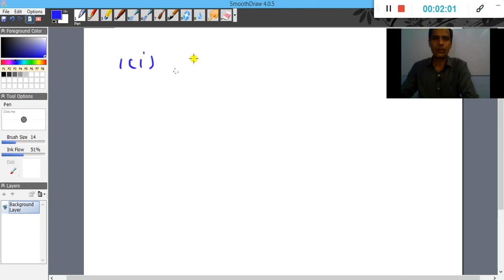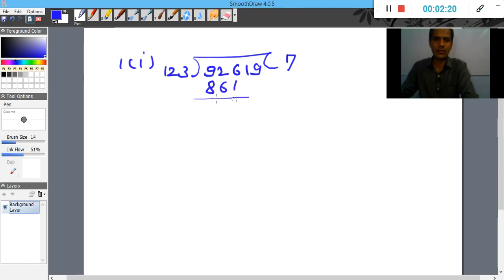So we have to divide 92619 by 123. Okay, so the first three digits are 926. So if you write the table, you can check that this divides 7 times, as it is 861.